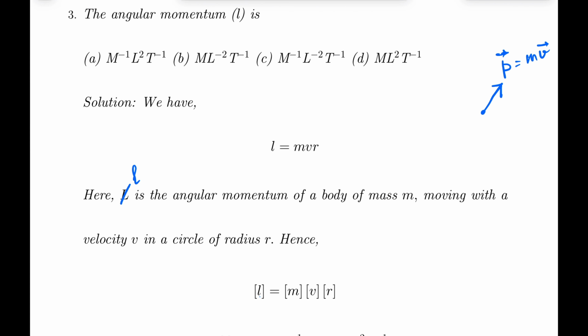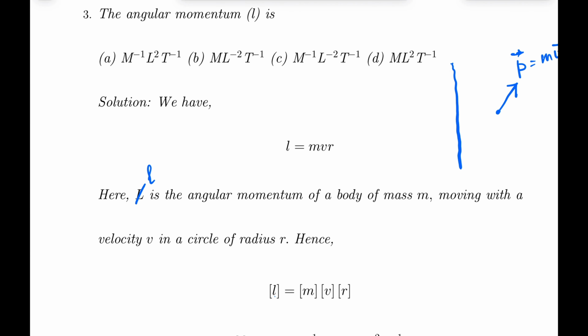The moment of momentum is known as angular momentum. So the angular momentum of this momentum p around this axis is given by L equal to r cross p.